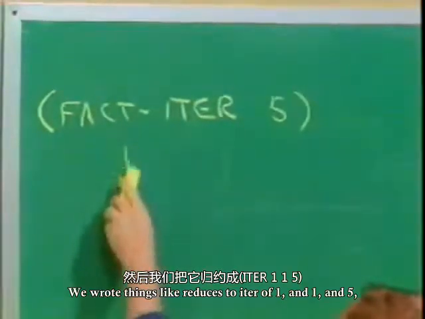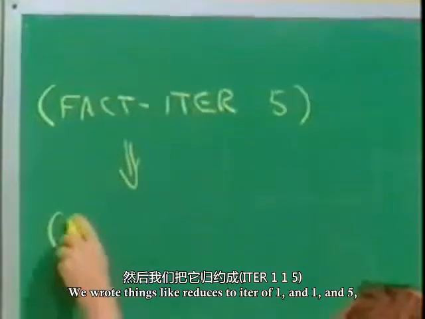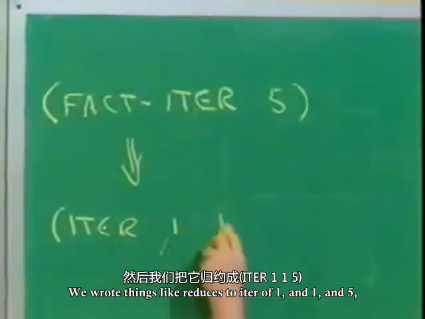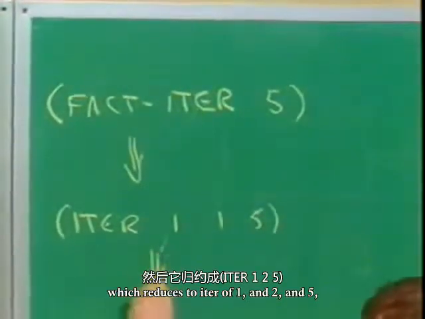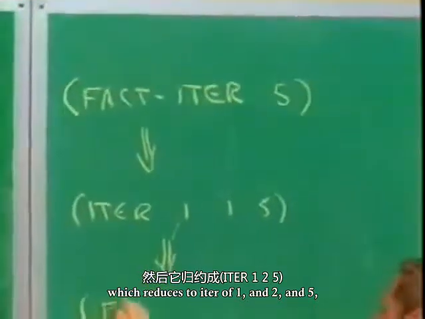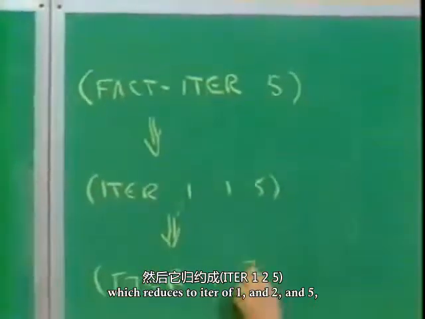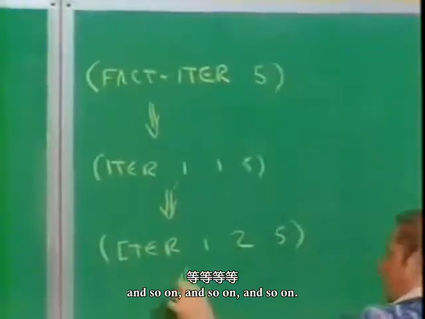We wrote things like reduces to iter of 1 and 1 and 5, which reduces to iter of 1 and 2 and 5, and so on, and so on, and so on.